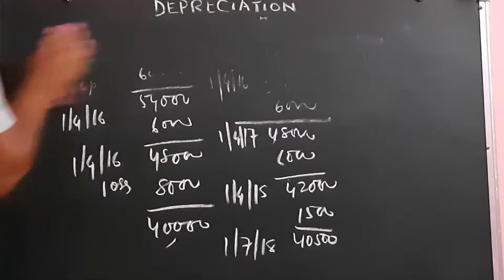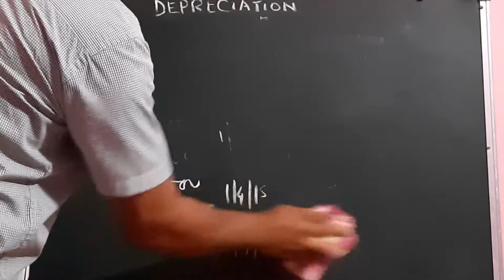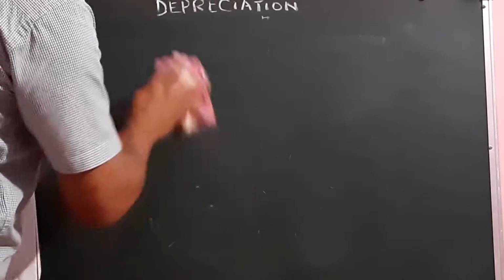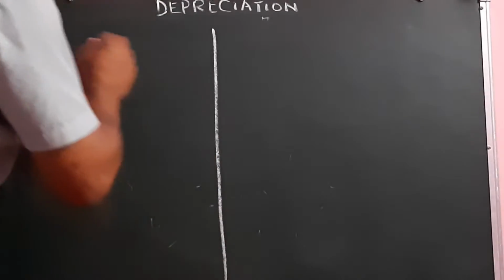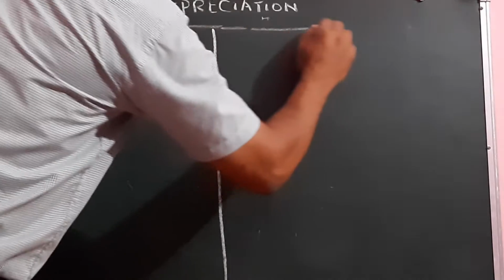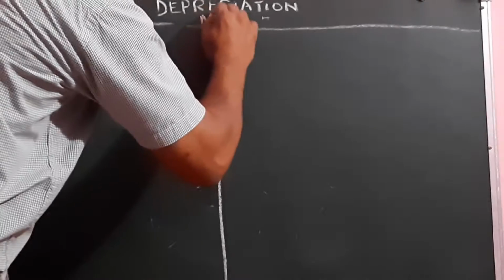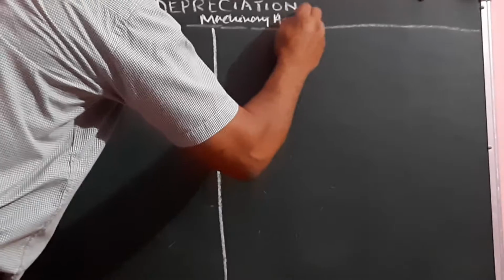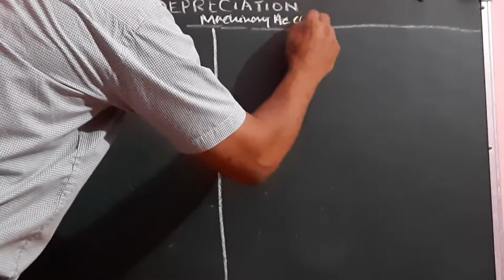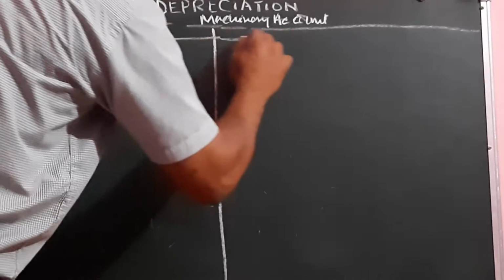So we draw the format of the ledger account for these 4 years. The format of the ledger is the same here. I am preparing the machinery account for the 4 years.